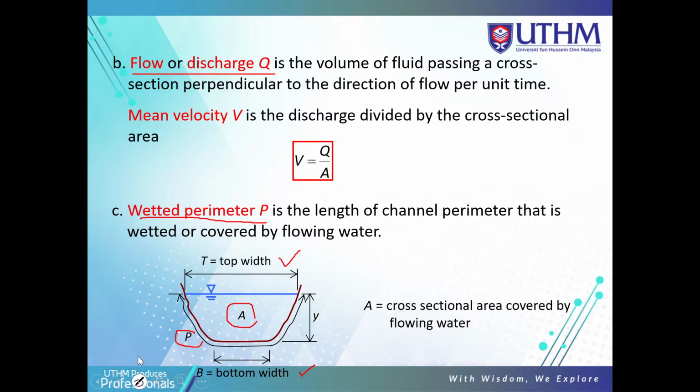I just highlight it with yellow here. So this is called the wetted perimeter, which is how you get the value of P. A is the cross-sectional area covered by flowing water.